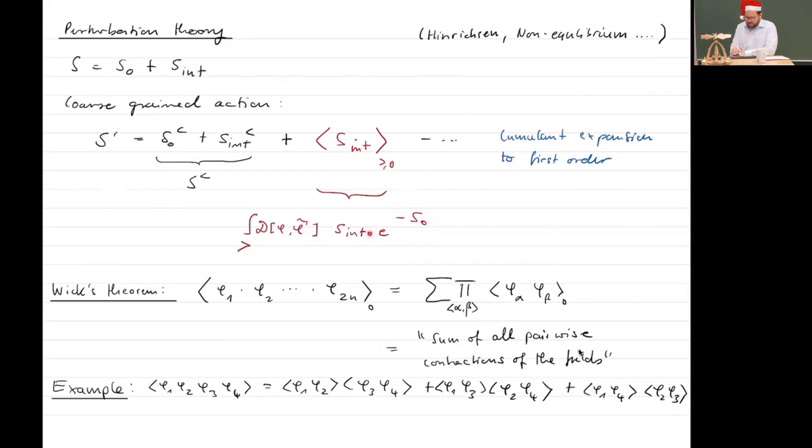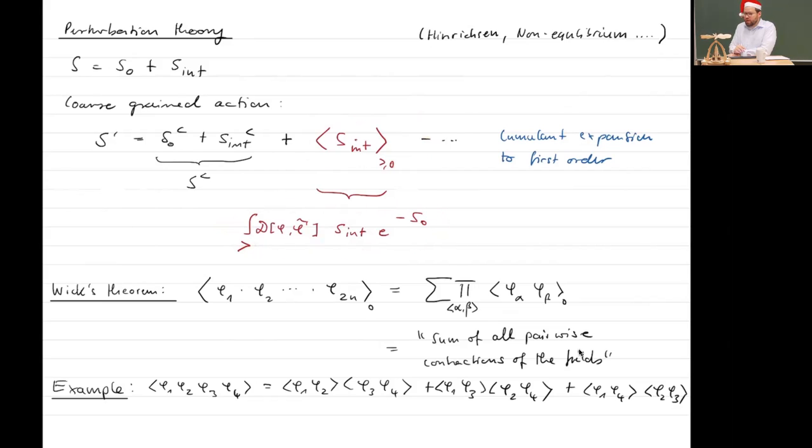What happened here is that we expanded the exponential in this action by assuming that these interactions are weak. Now that we expand the exponential, we have a linear term in front, and if these interactions are weak, then we can make this expansion. And for today, we truncate it after the first order. The whole problem reduces to calculating this thing here.